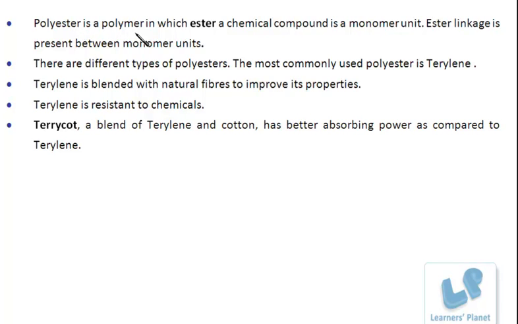Polyester is a polymer in which ester, a chemical compound, is a monomer unit. So poly means many, and ester. So many ester units combine. Ester is a chemical compound.